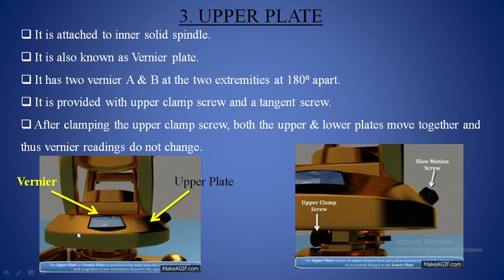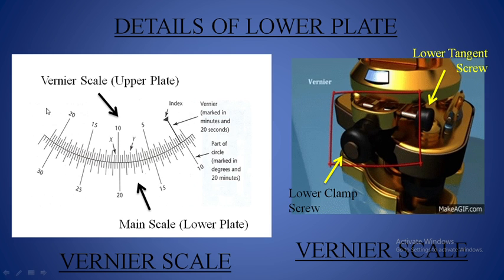Now this upper plate is also called the vernier plate, because the upper plate will be attached to the vernier scale. Here in this image you can see the vernier scale above. This above portion is known as the vernier scale. Here you can see the vernier scale is graduated in minutes and seconds.